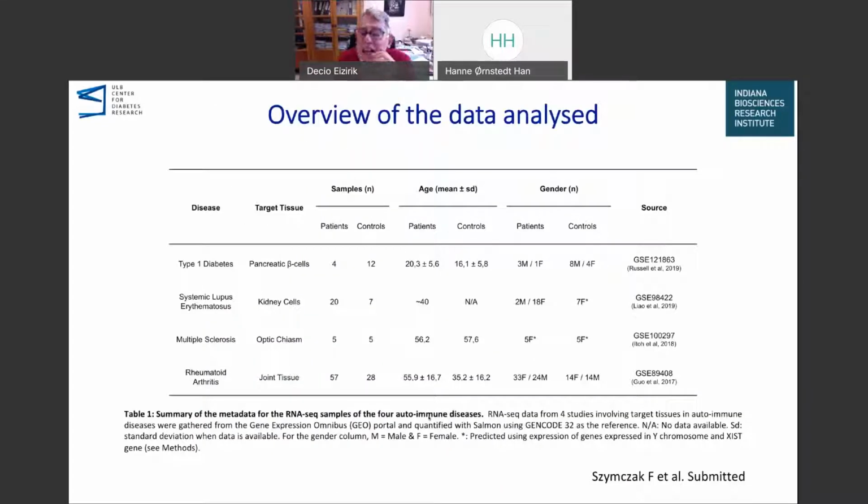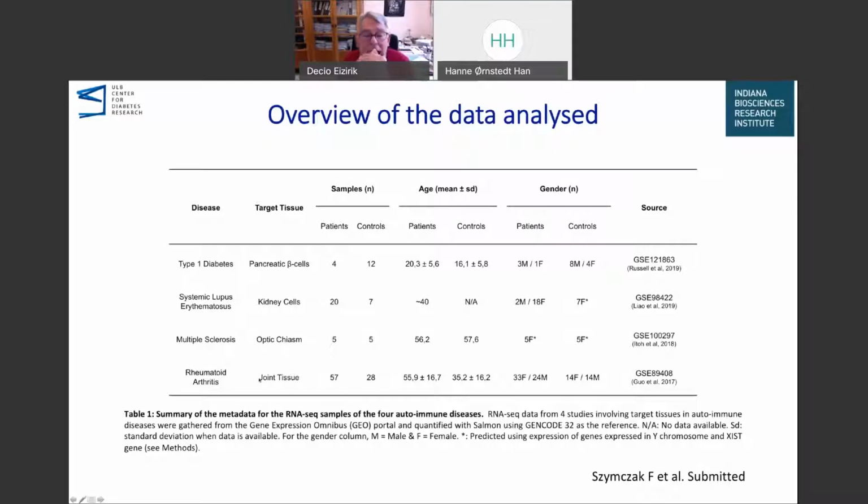At that stage, I was starting to be curious because we have always been studying type 1 diabetes mellitus and suggested that in this particular autoimmune disease, there is a dialogue between beta cells and the immune system. I started to wonder if this would be a pure type 1 phenomenon, or if it would also be true in other autoimmune diseases like lupus, multiple sclerosis, and rheumatoid arthritis.